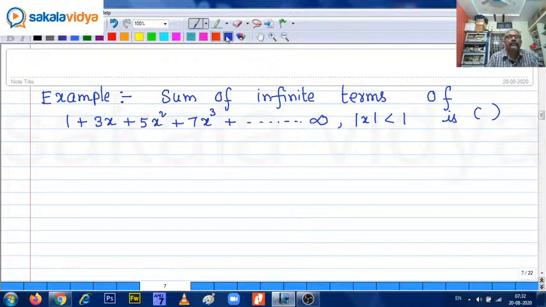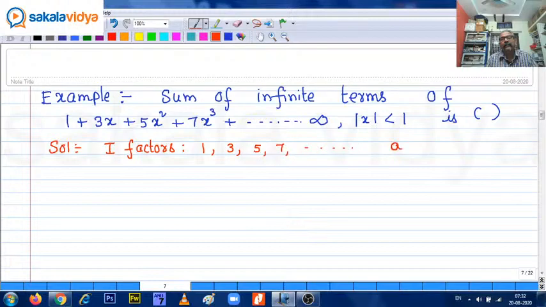See, now you observe this series. Solution. First factors 1, 3, 5, 7 dash dash are in arithmetic progression. Am I correct?